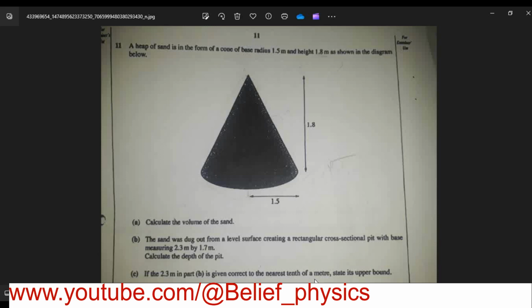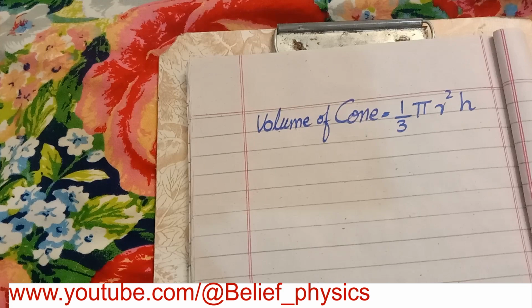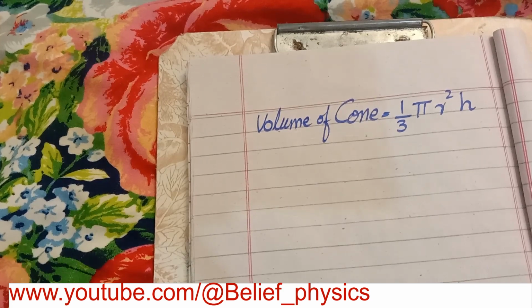So let's do it. Using this information we can find the volume of the sand and the height. So let's solve it. We have to find the volume of the cone, and we know that volume of cone has formula 1 over 3 pi r square h, where r is the base radius and h is the height of the cone.